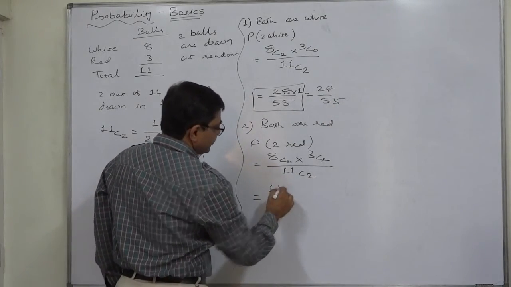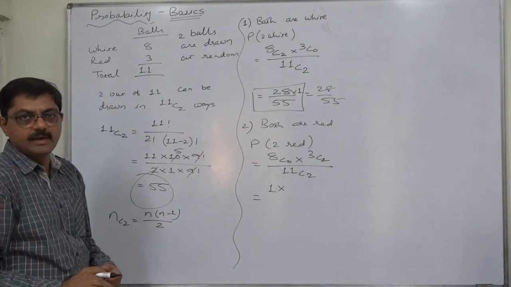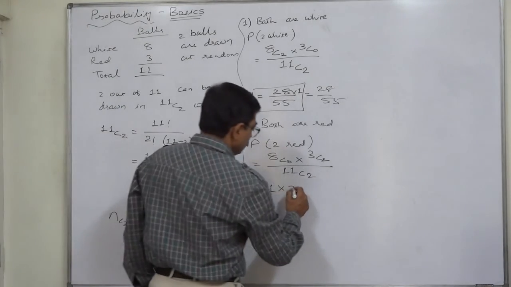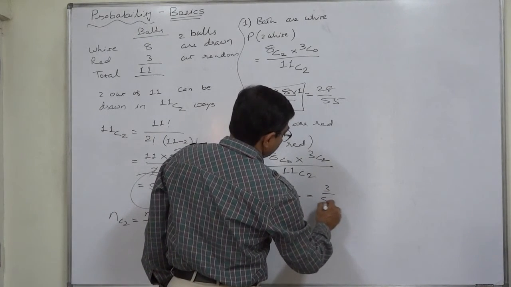Here 8C0, nC0 is always 1. 3C2 is 3 multiplied by 2 divided by 2, so it comes to 3 upon 55. So ultimately it comes to 3 by 55.